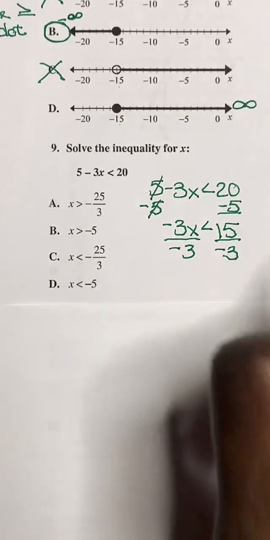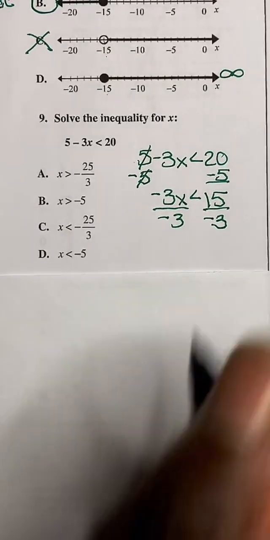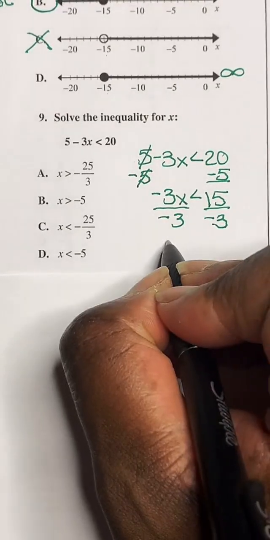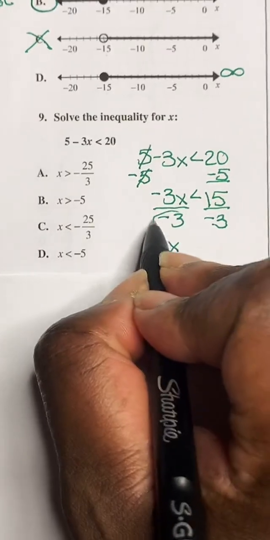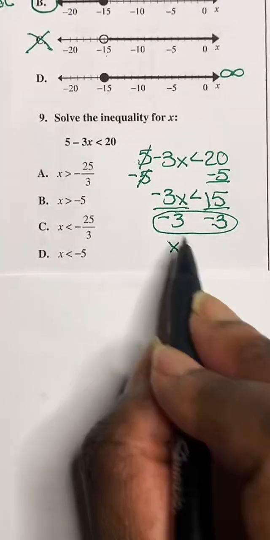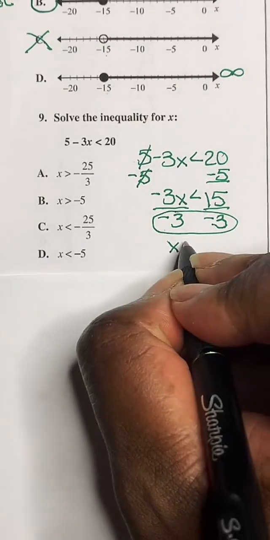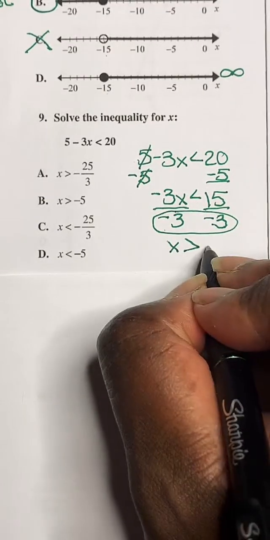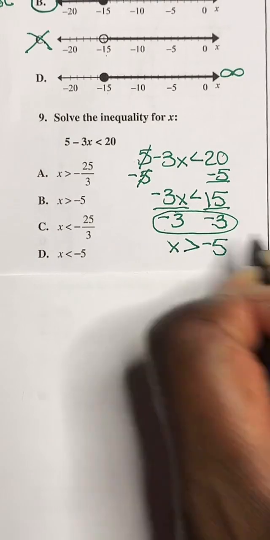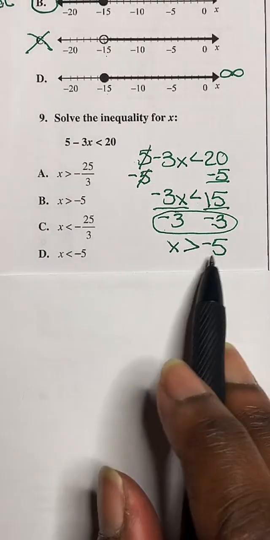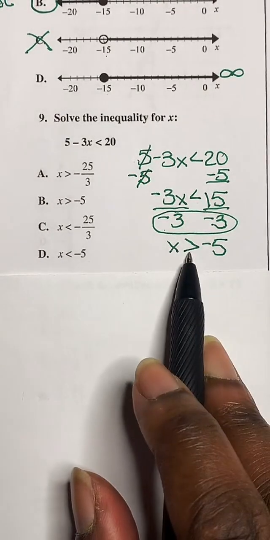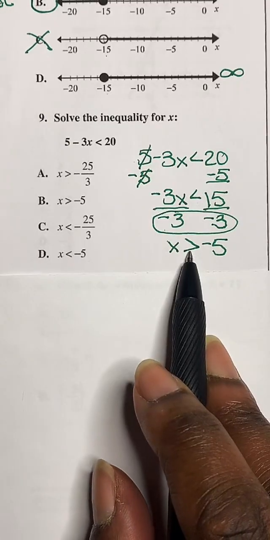Weren't we just talking about this? See? So now you have your x. And since we were dividing by a negative number right here, that inequality sign needs to change direction. You don't change the sign of your answer, you change the direction of your inequality.